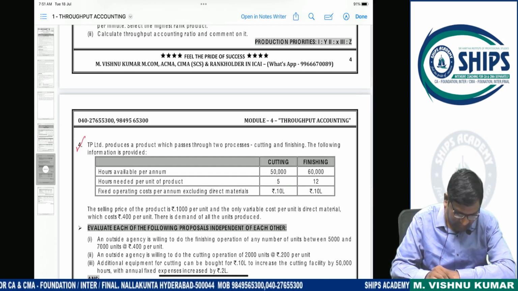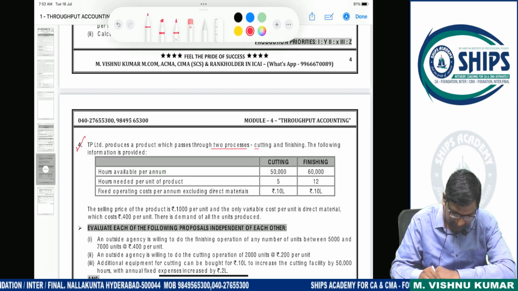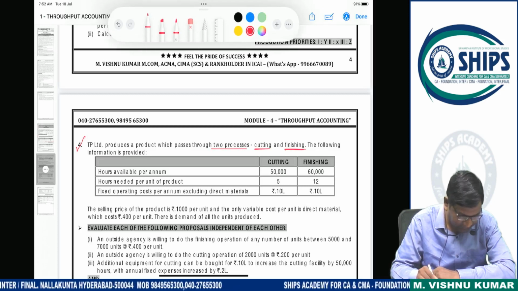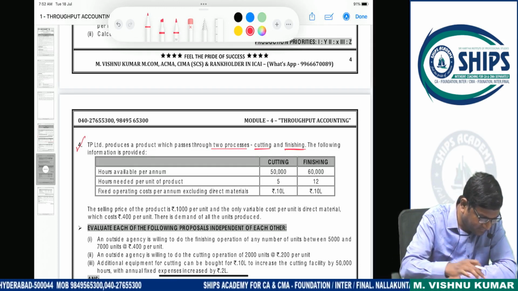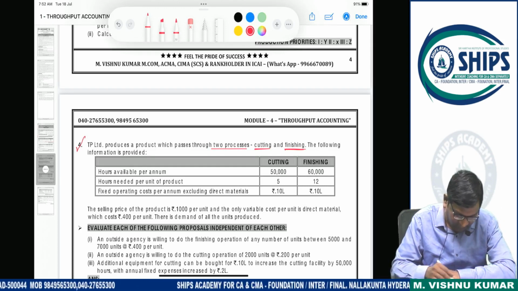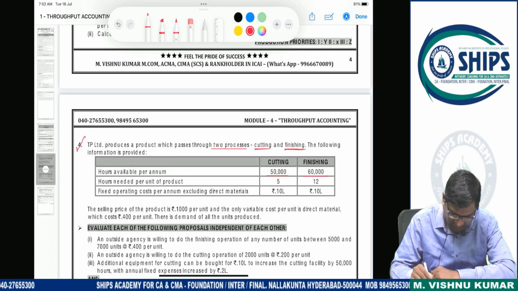TP Limited produces a product which passes through two processes, cutting and finishing. The following information is provided. Cutting, finishing. Hours available per annum 50,000, 60,000.